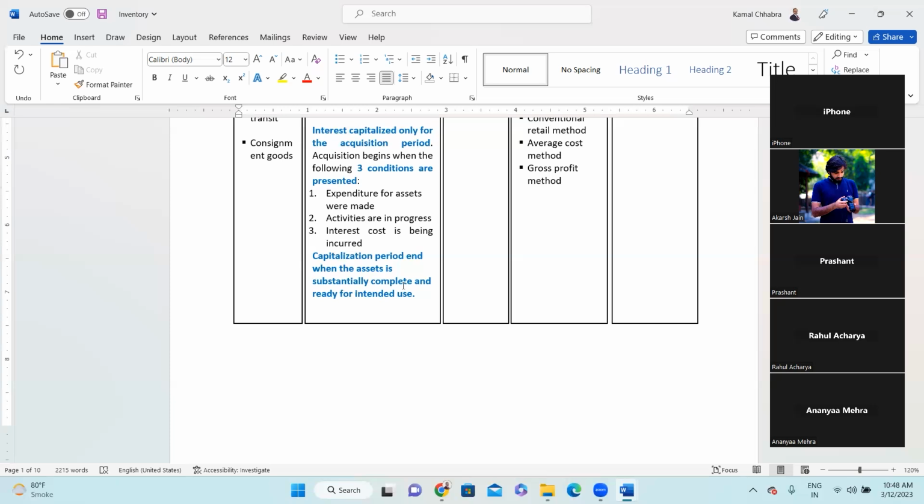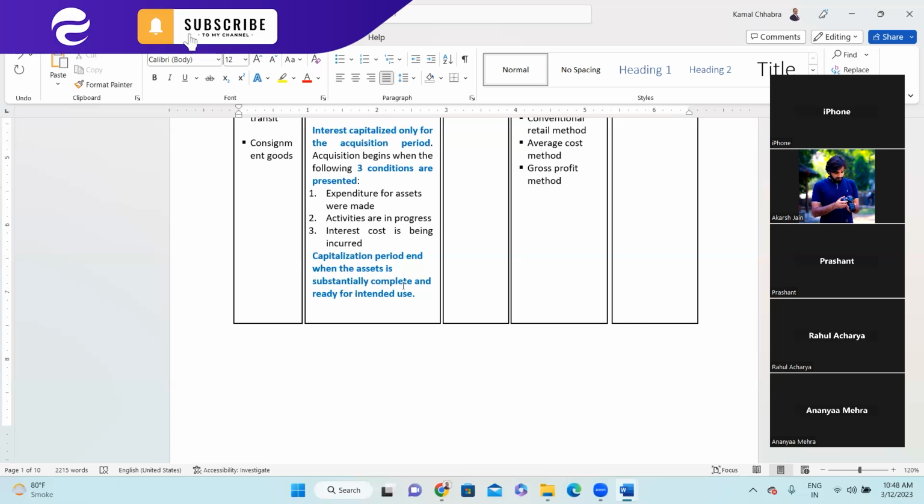Then it will be your finance cost, your finance expense. Till the time your inventory is not ready to sell, you can capitalize. But once your inventory is ready to sell, then after that you cannot capitalize the interest. Make sense? Yes. Rahul, Ananya, Santrupti.